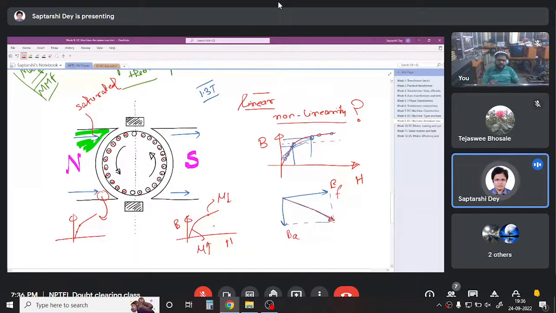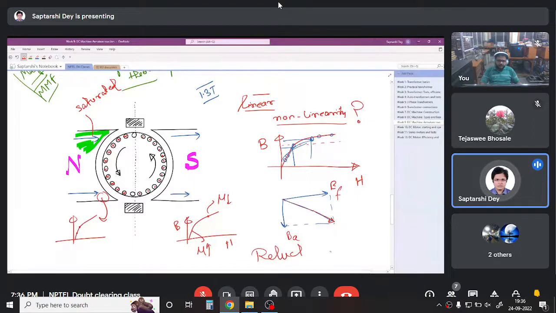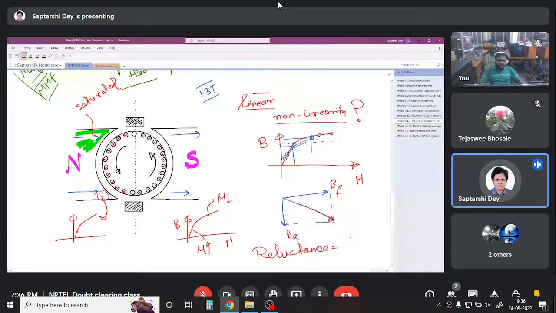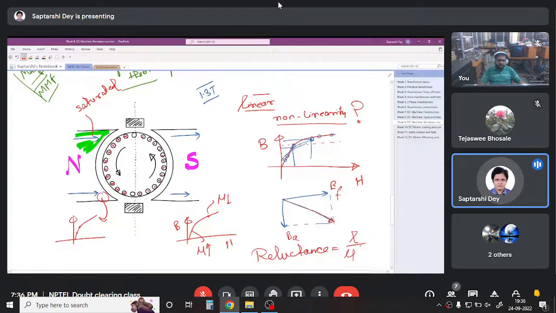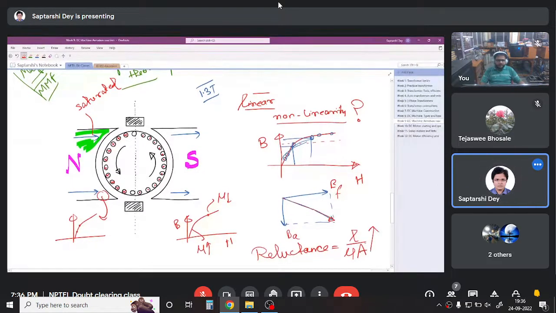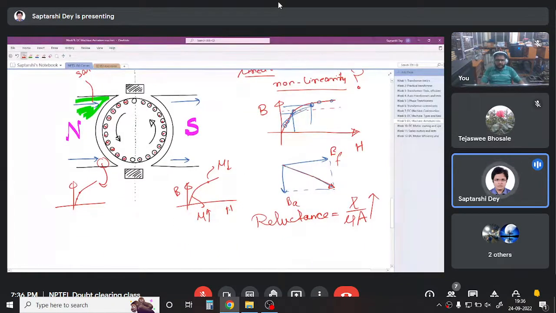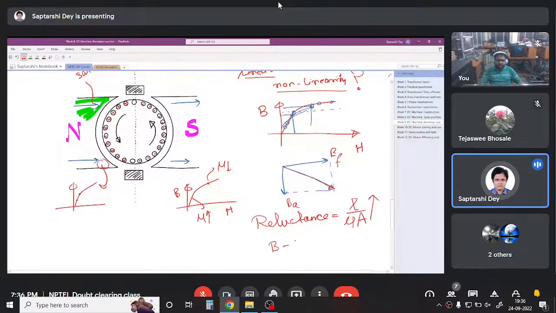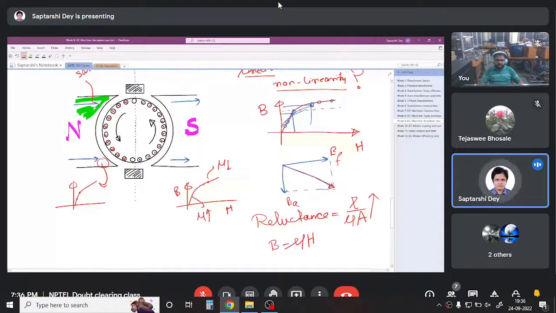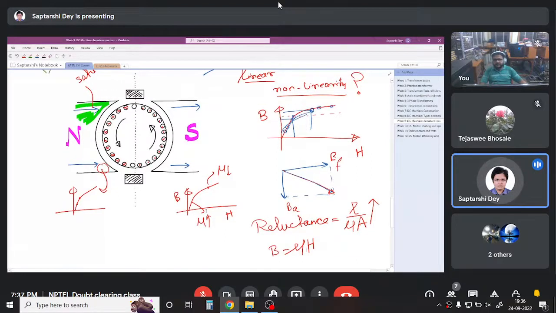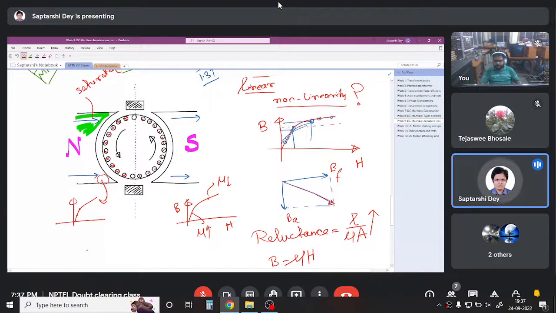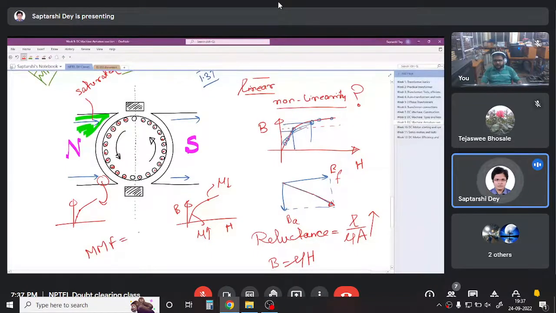So as soon as magnetic circuits tend to saturate, the reluctance of the circuit, which is L by mu A, increases. Mu is dropping with increasing H. B equals mu H. With increasing H, we can see the slope is dropping, hence mu is dropping. So reluctance increases. We know that MMF is flux times reluctance.